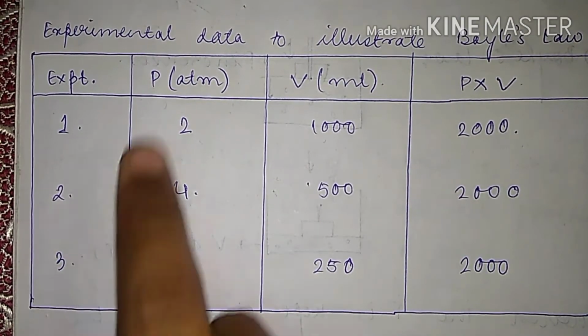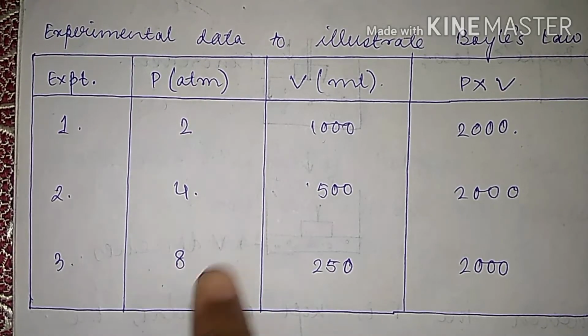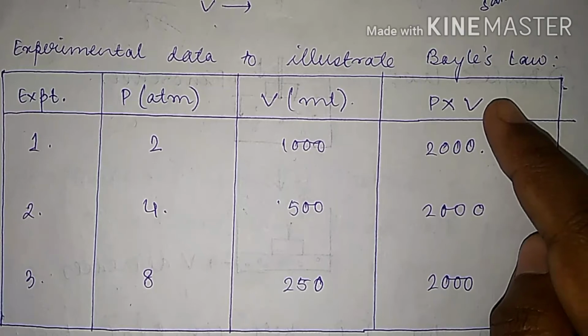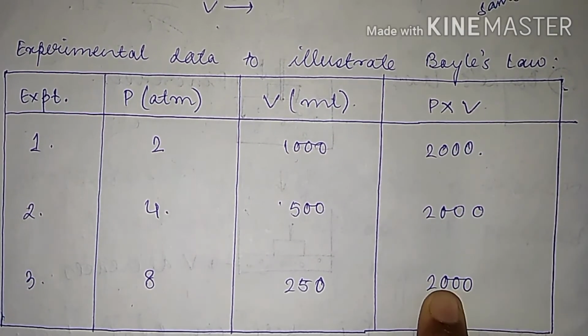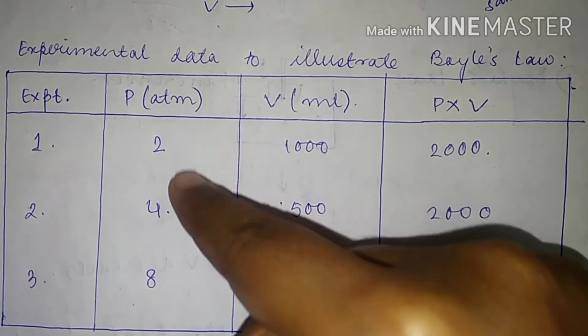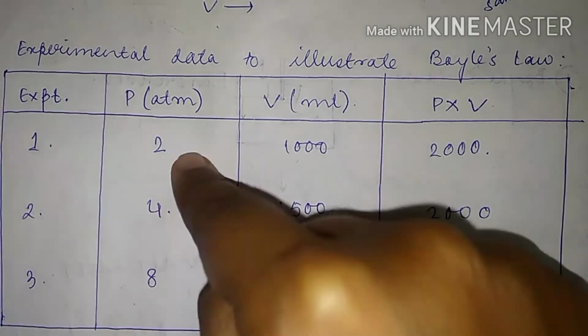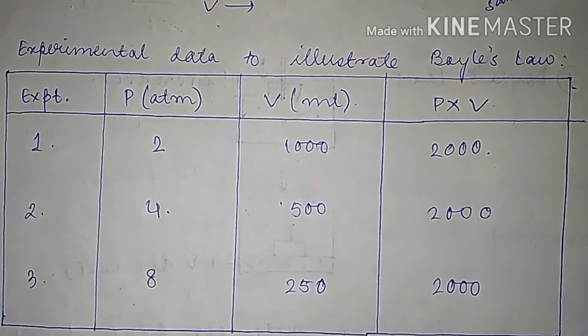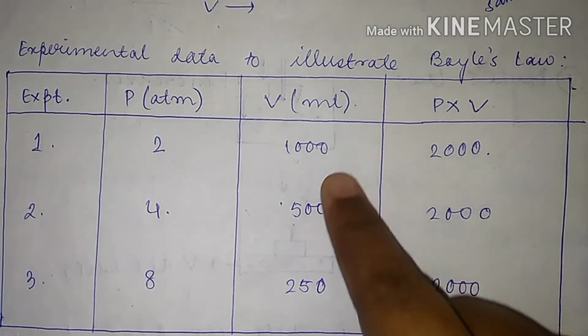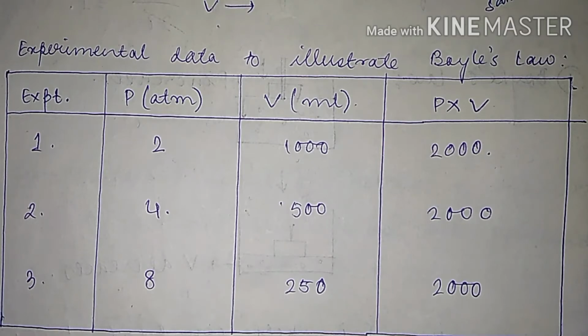Again in the third phase, the pressure applied is 8 atm and the volume is 250 ml, and by Boyle's law we find that PV is again 2000. So we can see that as the pressure is increasing consecutively, that is 2, 4, 8, meaning the pressure is doubling, the volume is getting reduced by half, that is 1000, 500 and 250.